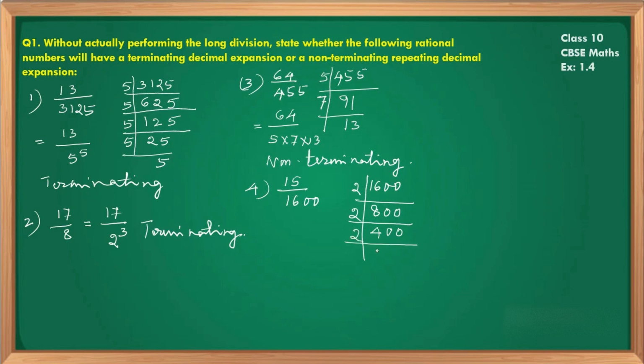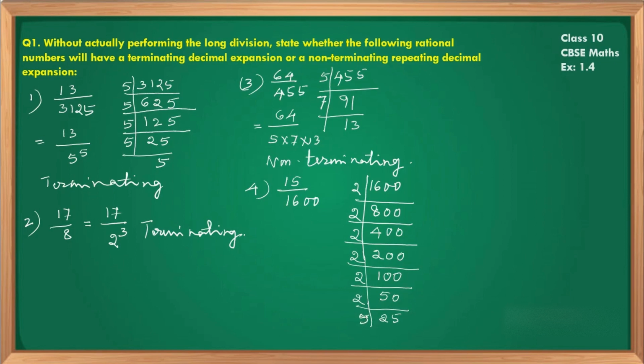Again by 2, 2 2s are 4 and 2 zeros. Again by 2, 2 1s are 2 followed by 2 zeros. We can divide this number again by 2. 2 into 50 gives you 100. 2 into 25 gives you 50.